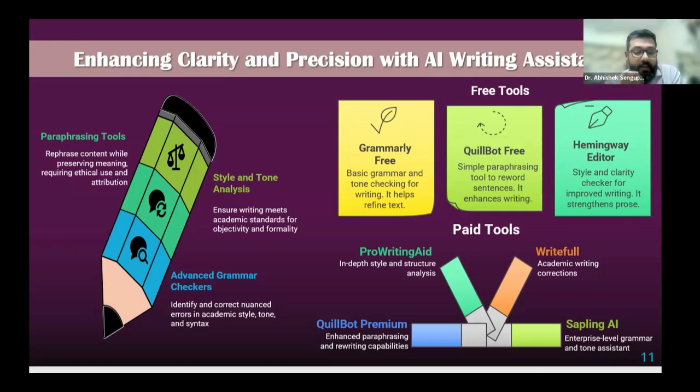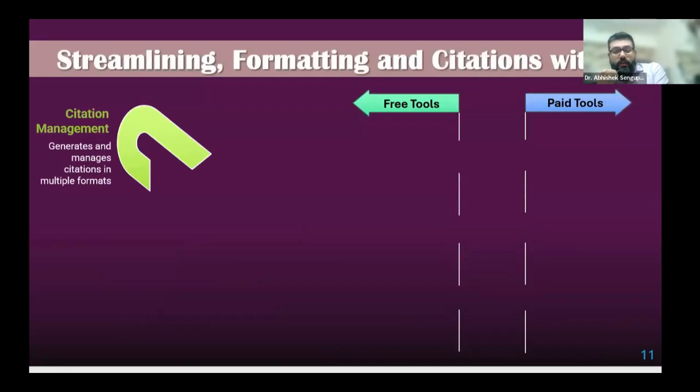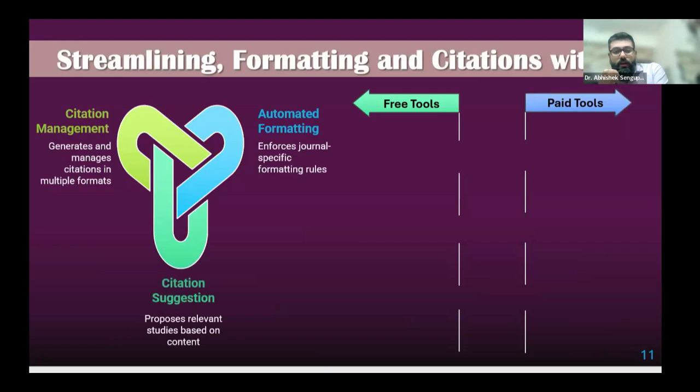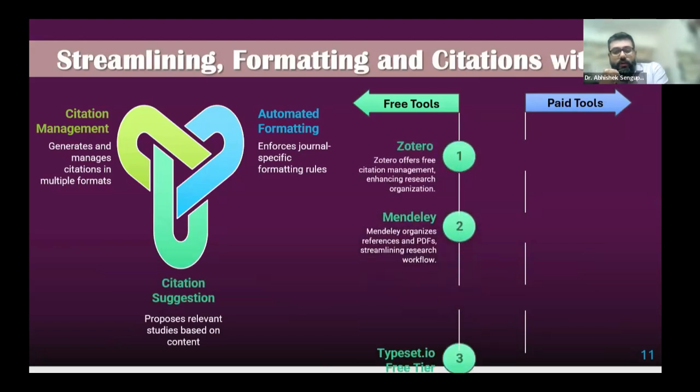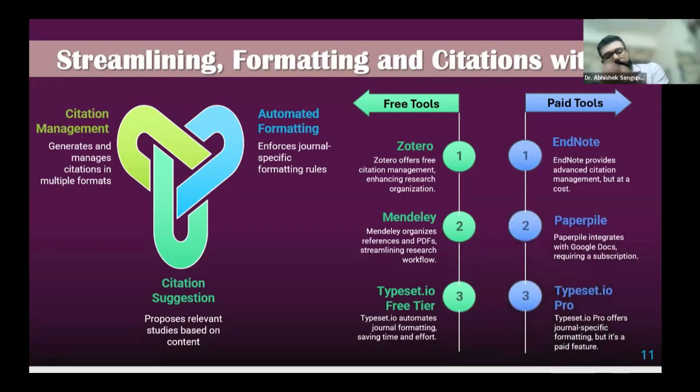And next, these are some more free tools. Zotero mainly. Typeset.io is basically SciSpace, and SciSpace is also very useful. The website is typeset.io.